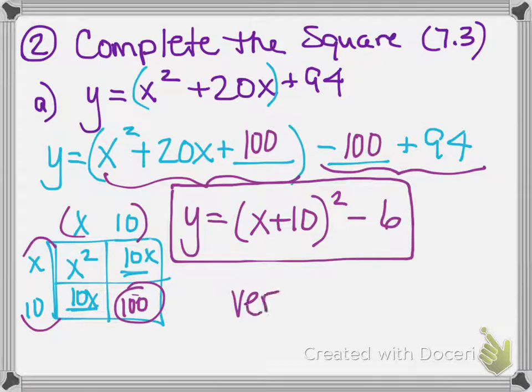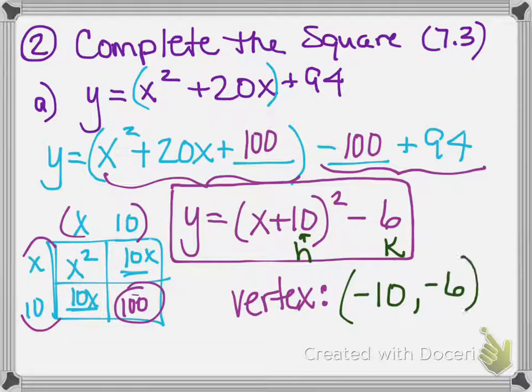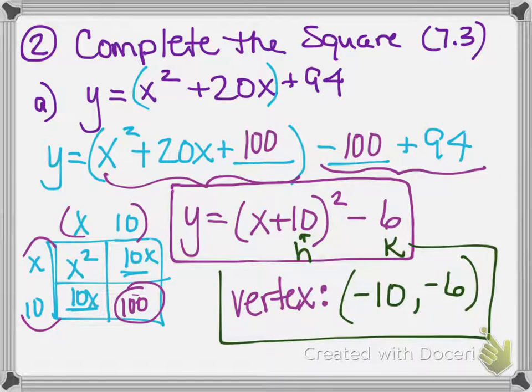The second part of the question said identify the actual vertex. So remember, the vertex comes from h and k, but we have to take the opposite of what's in our parentheses. So the vertex is negative 10, k is exactly as it is, negative 6. And there's the second part of my answer.